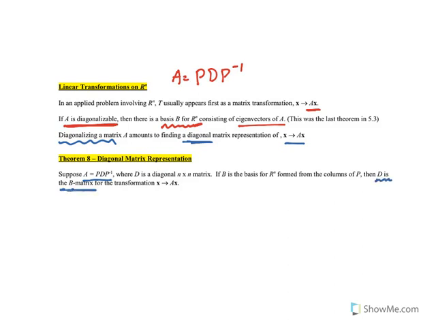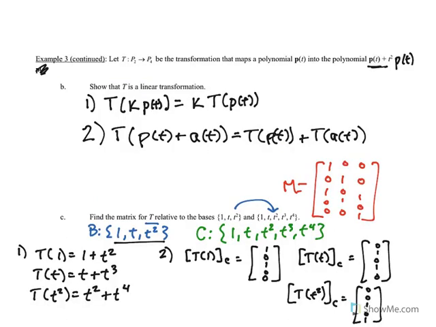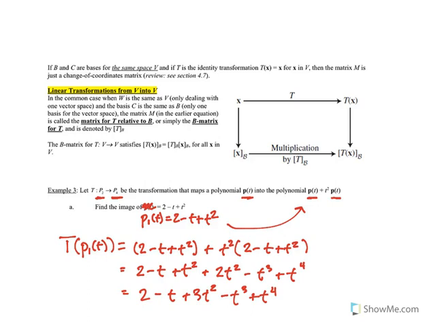D ends up being the B matrix for the transformation. Okay, so D, if I go back and look at our notes, the B matrix for the transformation. So this is, if I can diagonalize A, I will get this matrix here, as long as I'm not changing the basis. Okay?